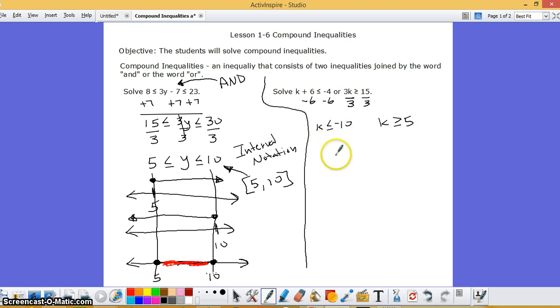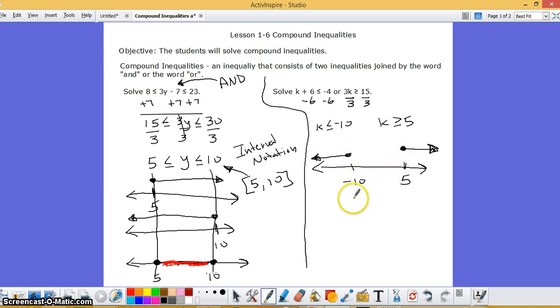Okay? So the way this works, I have my number line, I have negative 10, solid circle going left because it was less than, 5, solid circle again because it's or equal to, going right. And what you see is there's no intersection. So that's why we combine them into one, and this is the graph for those.